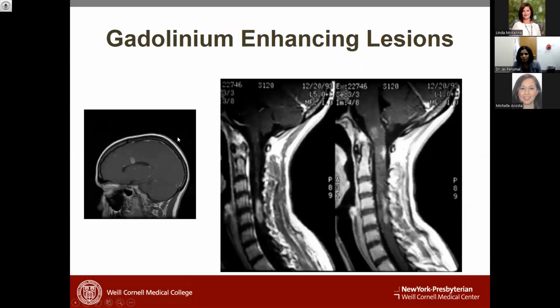GAD enhancement happens when you give IV contrast through the vein. If a lesion is being newly formed, you have these immune cells that cross from the blood into the brain by crossing what we call the blood-brain barrier. When a lesion is being formed, these immune cells go into the brain and cause these lesions. The brain patches it.